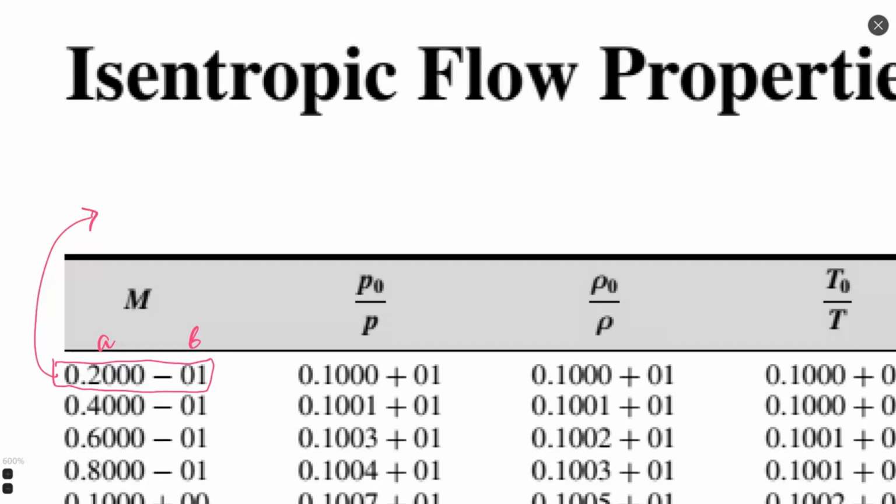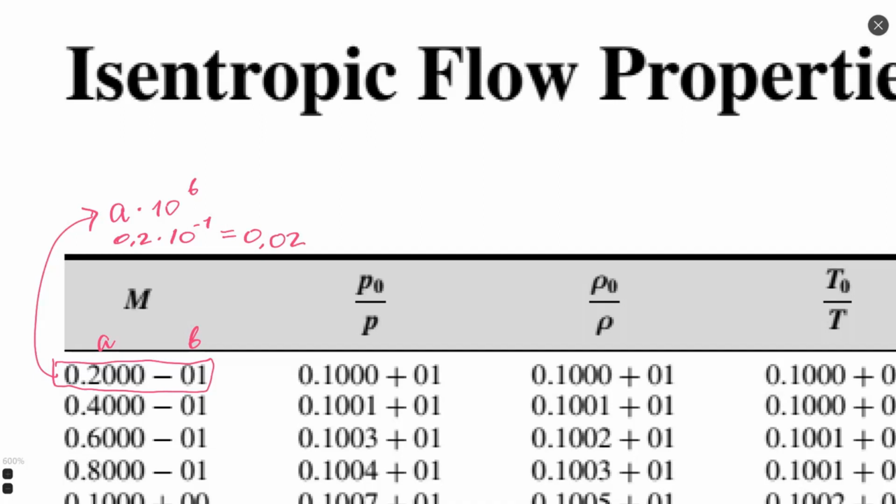It is A multiplied by 10 to the power of B. So it means that 0.2 multiplied by 10 to the minus 1. So this point is 0.2, 10 to the minus 1. It means that it's 0.02.